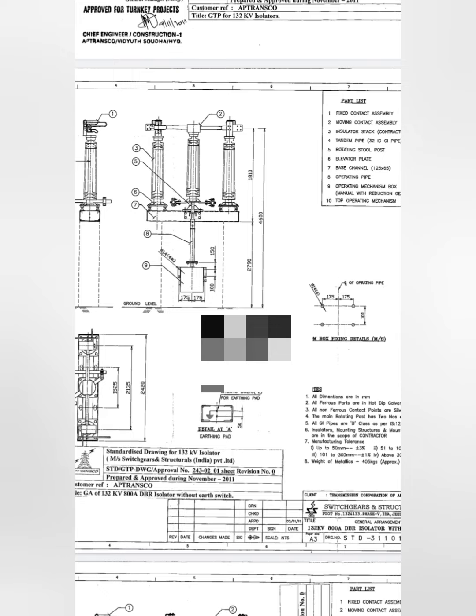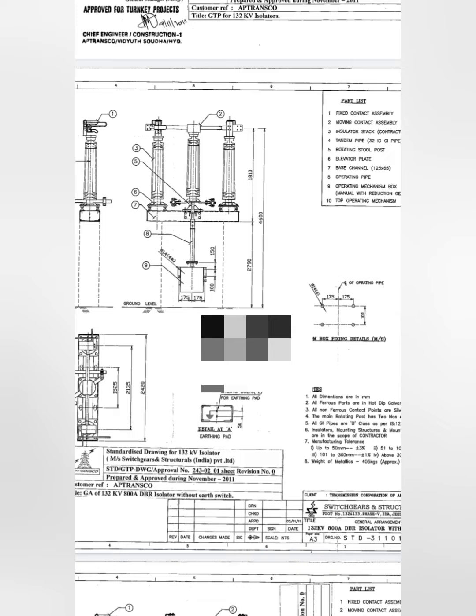Here also it is the same: the first is fixed contacts, second is your movable contacts, third is your insulation stacks, fourth is your tandem pipe, fifth is your rotating stack post, sixth is your elevator plate, seventh is your base channel, eighth is your operating pipe, ninth is your operating mechanism box, and tenth is your top operating mechanism. So this is also the same structure as we have seen before.